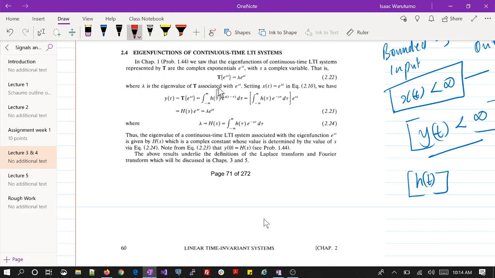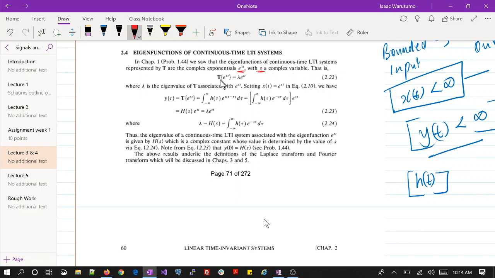What we are saying is that in chapter 1, we saw that the eigenfunctions of a continuous-time LTI system represented by T are complex exponentials e^(st), where s is a complex variable.